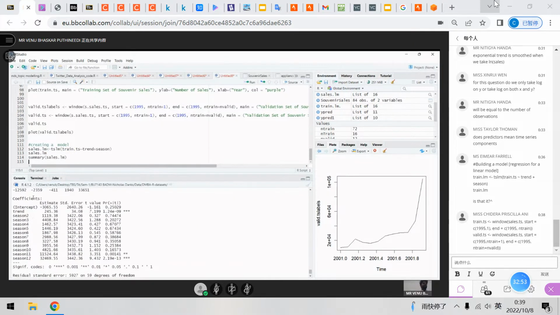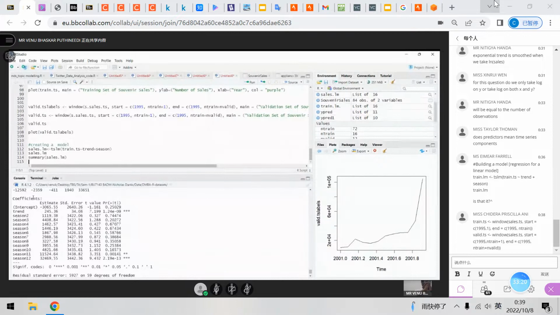Now, if you look at this, can you answer how many variables we have, or how many predictors we have here? 12. You sure? 11. Oh no, 13. Trend is just season 1, isn't it?